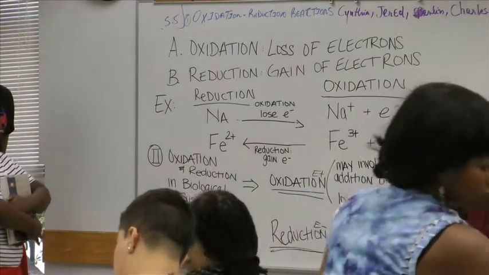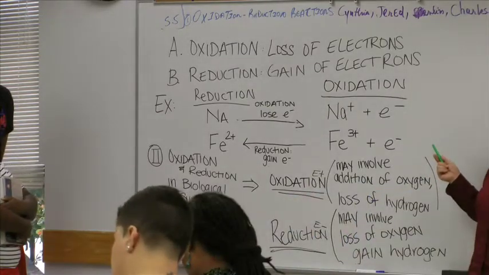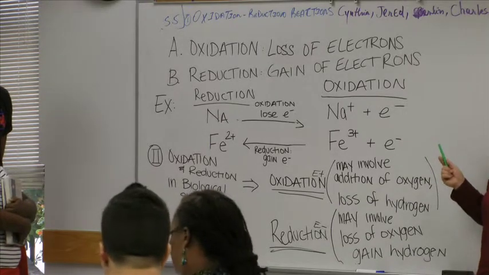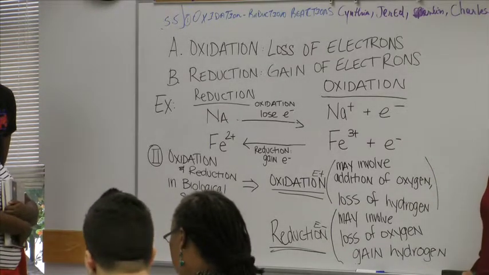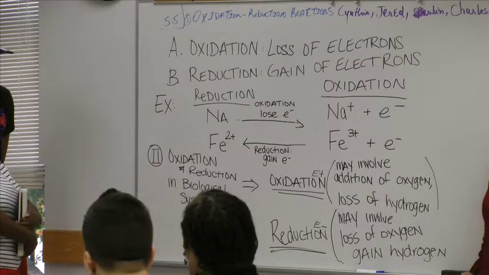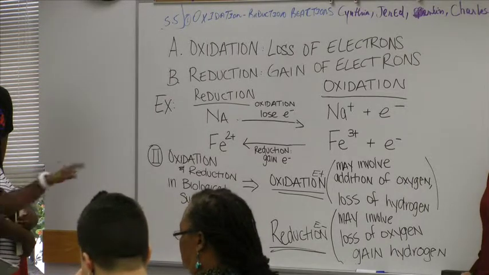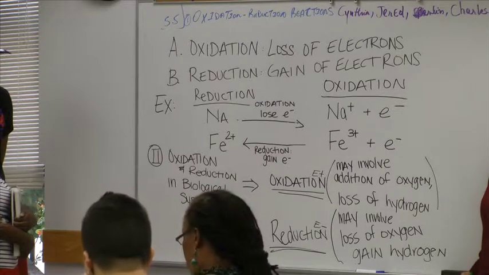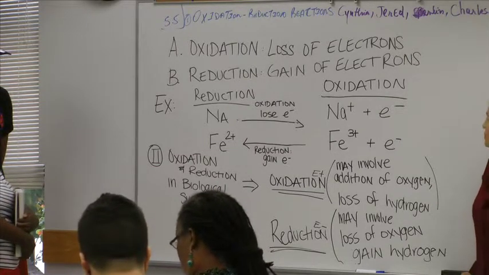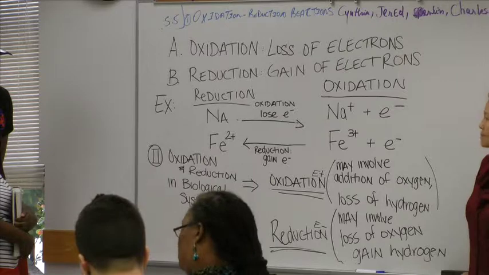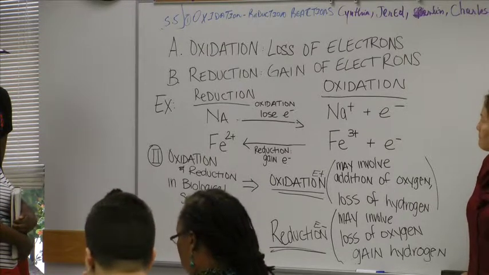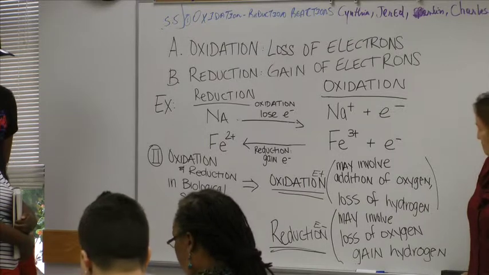Can someone clarify this? We should study a little bit more the part where it says lose electron, gain electron, how many you gain, how many you lose. It says nonmetals gain electrons to form negative, and metals lose electrons to form positive.